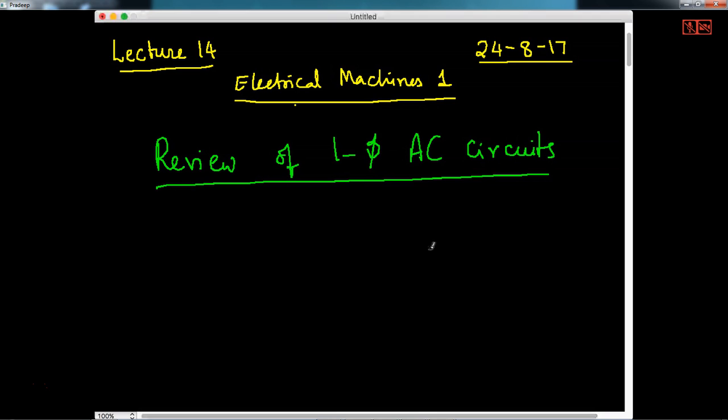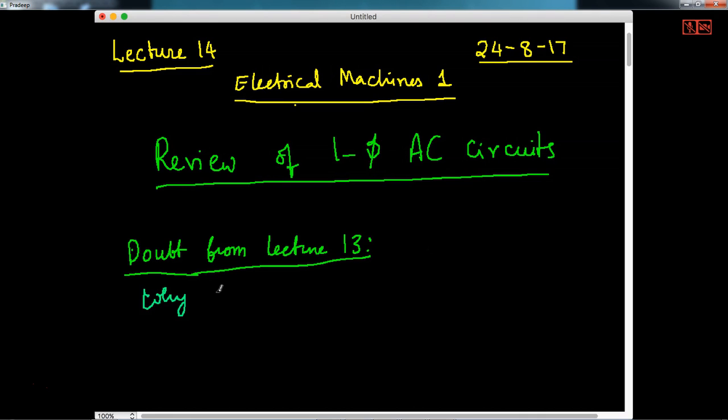So the purpose of the steel core is, basically a doubt: why is a core needed between the primary and secondary?